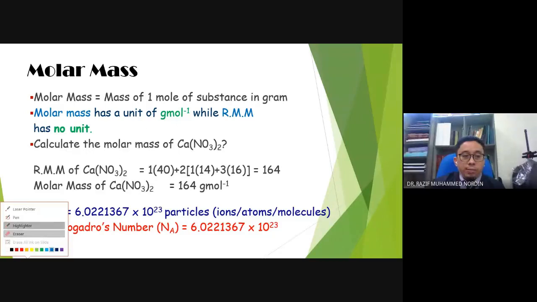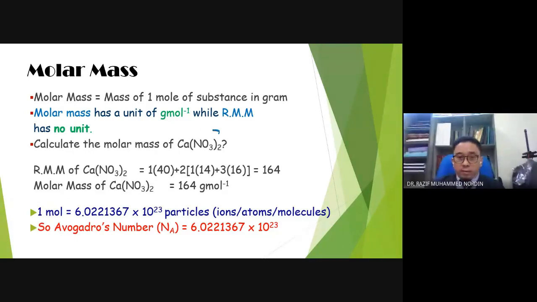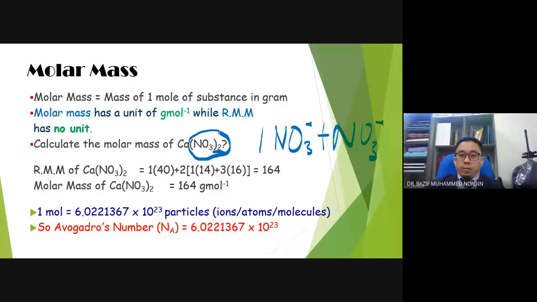Kesilapan yang biasa dibuat pelajar, lupa makna 2 di sini. The meaning of 2 over here. It means that there are 2 NO3 minus. So, itu maksudnya dimasukkan oleh structure ini.